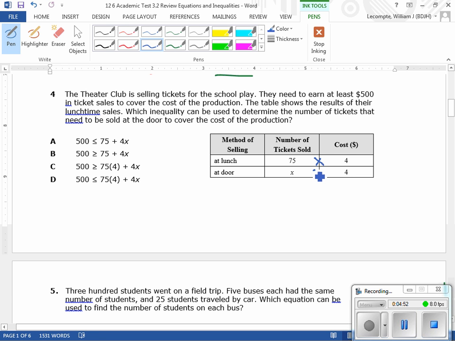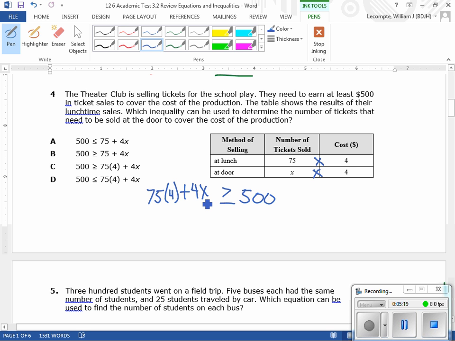And I have at least $500. Can I have more than $500? Yes. So I would write my symbol that way, or inequality. Right, and then I have 75 times 4 plus 4x is greater than or equal to 500.